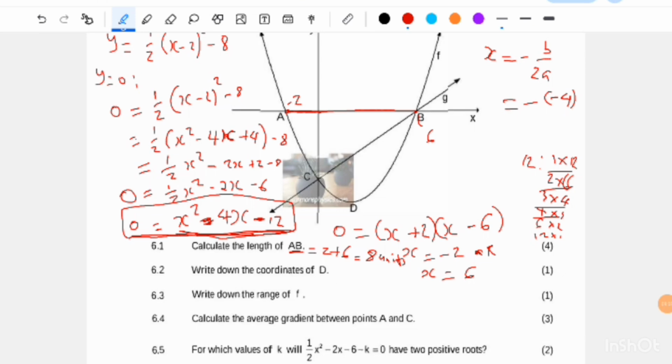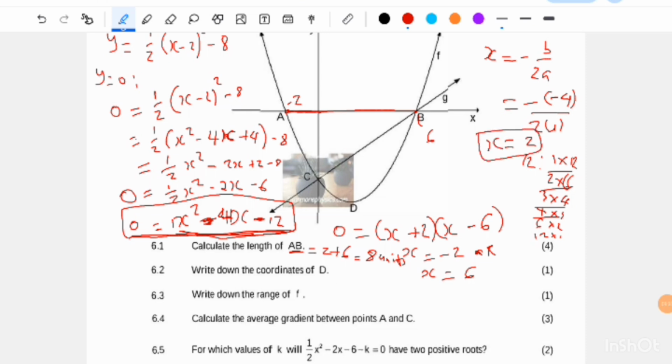What is the value of a? 2 into 1, minus 4 over 2 into 1. Therefore, what is the value of x? It's simply 2. So x is equal to 2.